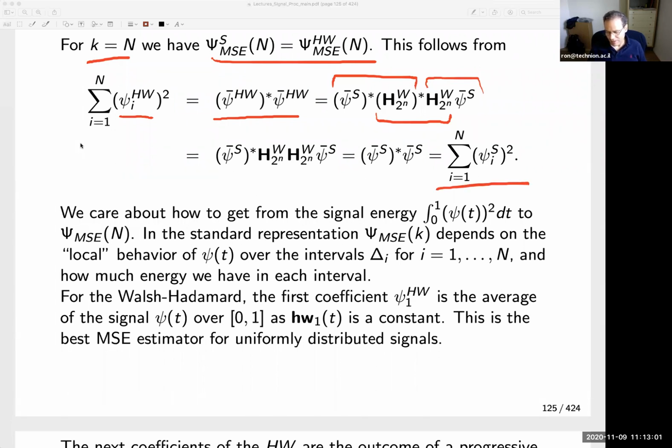But as I said before, we are not interested in what happens at the end, but how to get there. How to get from the original error, which is captured by the energy of the signal when k is equal to 0, to the MSE, to the case where k is equal to n.